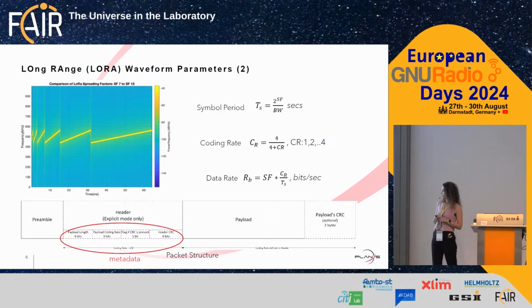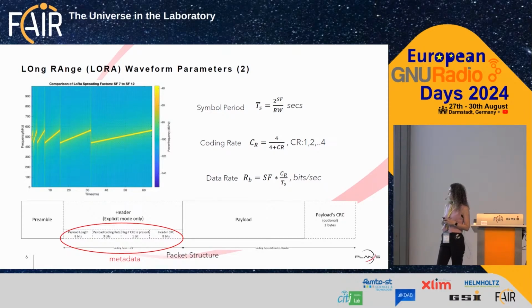This spectrogram shows the comparison of LoRa spreading factors changing from 7 to 12 respectively. And you can see when the spreading factor changes, the slope and the time duration of the chirps vary according to the SF.